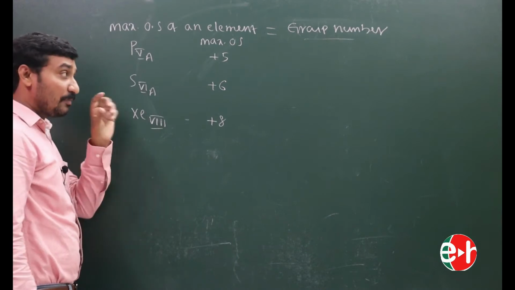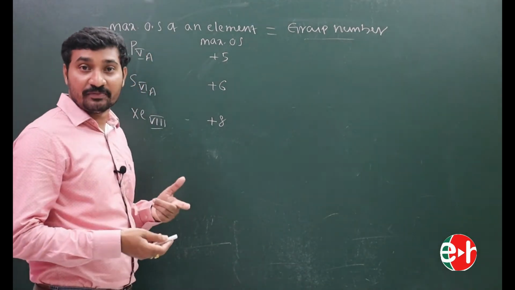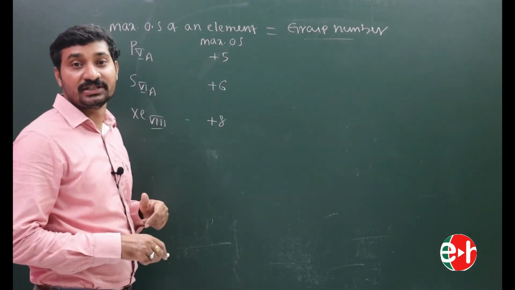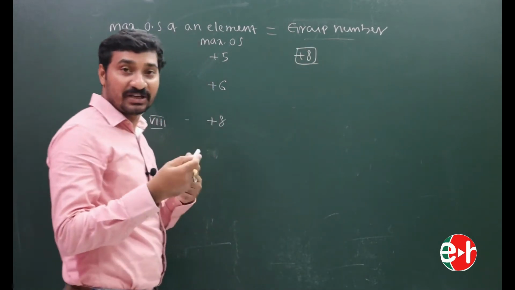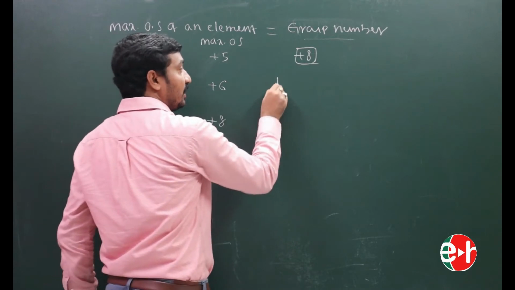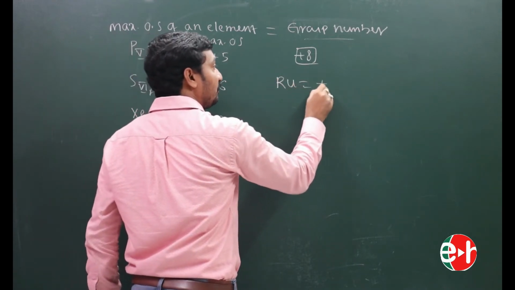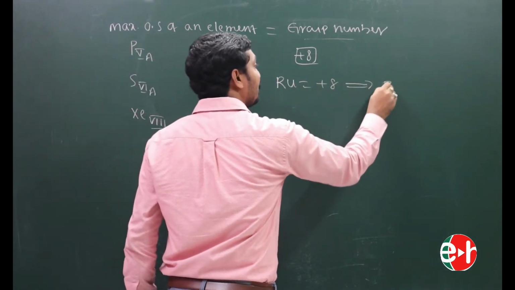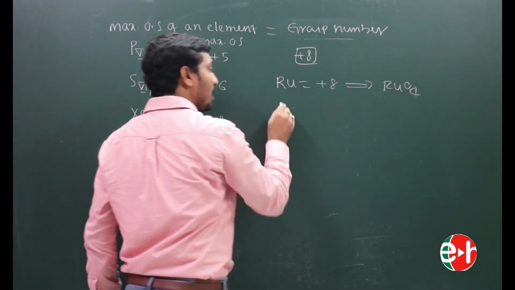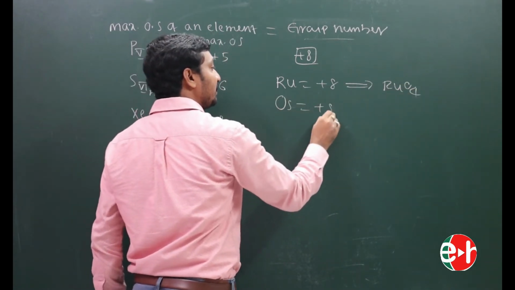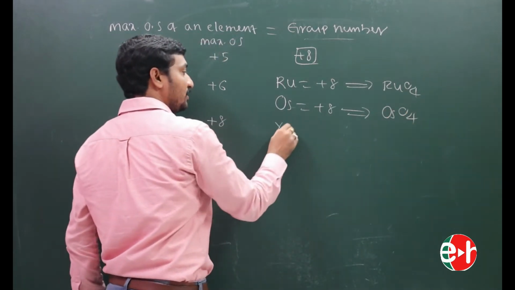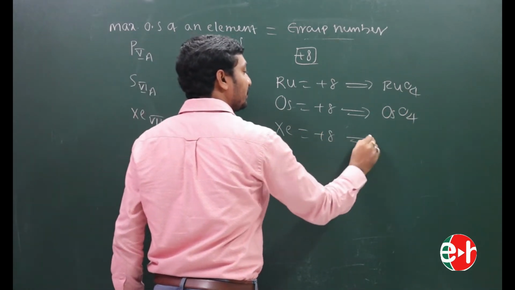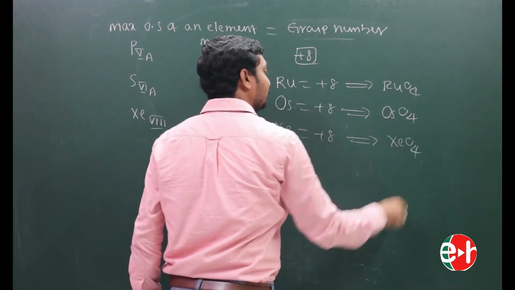Among all elements, the maximum oxidation state, that is +8, is shown by some elements. Examples, ruthenium +8 in the RuO4 compound, osmium +8 in the OsO4 compound, xenon +8 in the XeO4 compound.